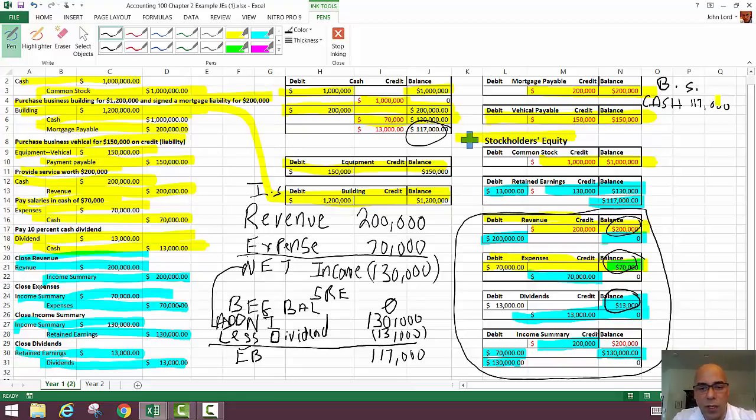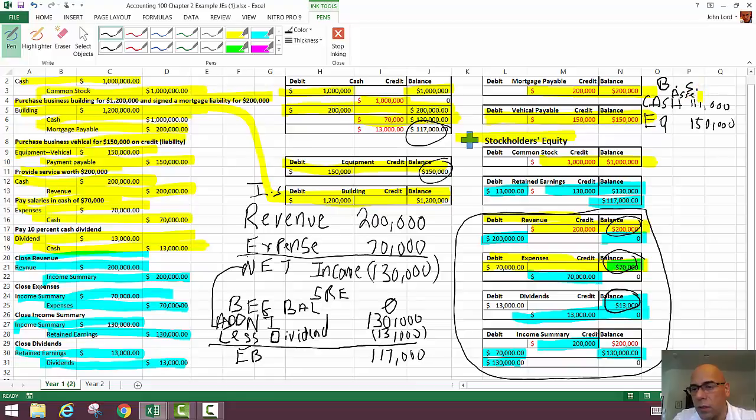Then we have equipment. Here's my equipment. Equipment is going to be 150,000. Pick these up pretty easy. I should have said these are assets.